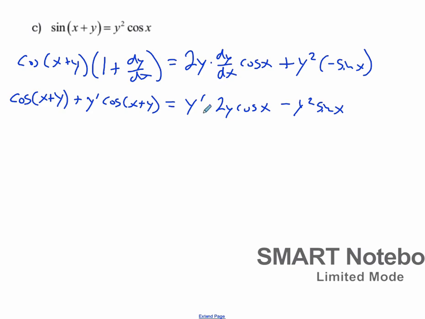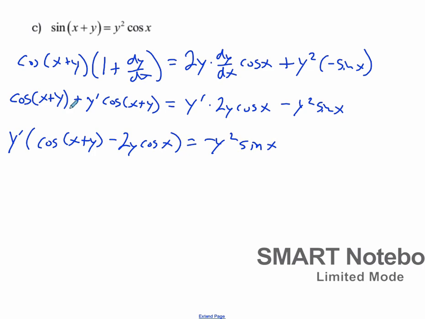And now we got y prime on both sides, so we need to get it all on one side. So we're going to have y prime, and we're going to have cosine x plus y. And if I bring this to the other side, it's going to be a minus 2y cosine x equals, this is going to be negative y squared sine x minus this term that doesn't have the y prime.